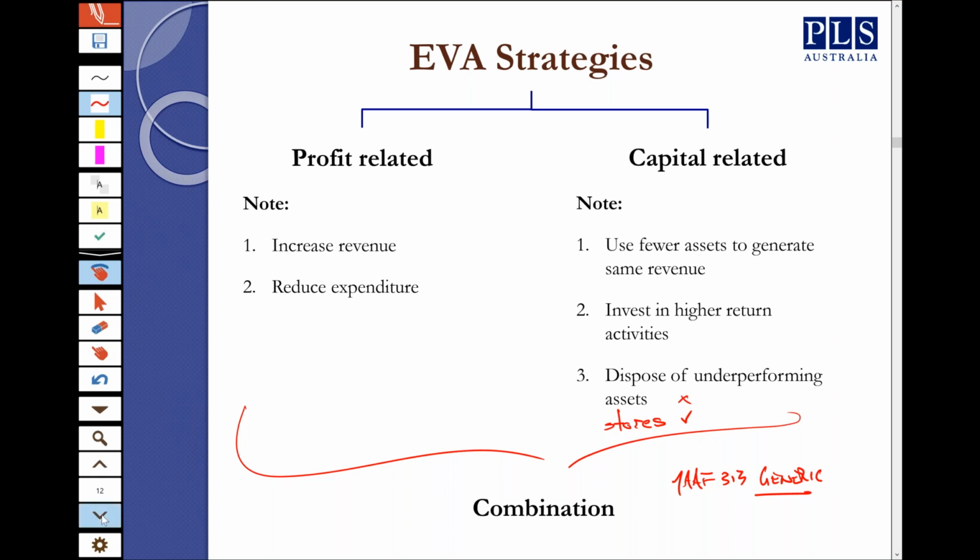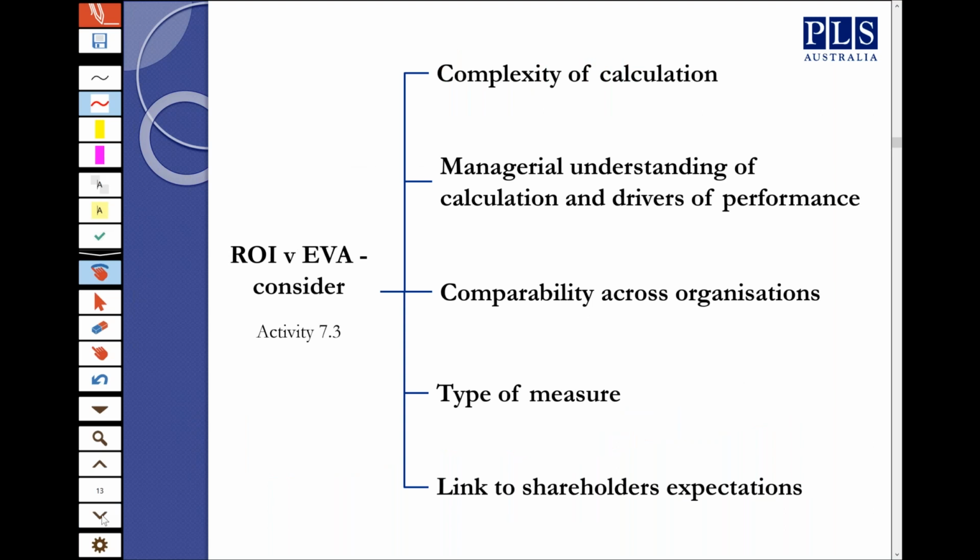The other observation I'll make as we look to close out Unit 7, however, please note they do a little bit of coverage, especially through Activity 7.3 and through the Candidate Study Guide starting on page 713. They do look at contrasting return on investment to EVA.